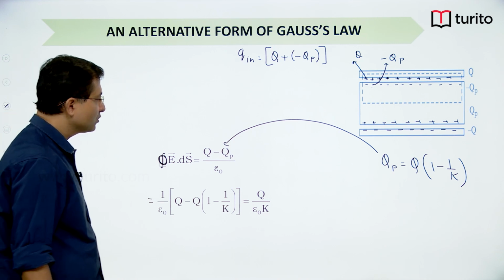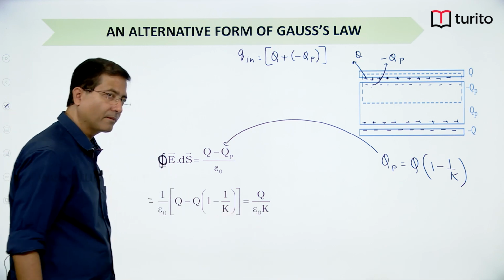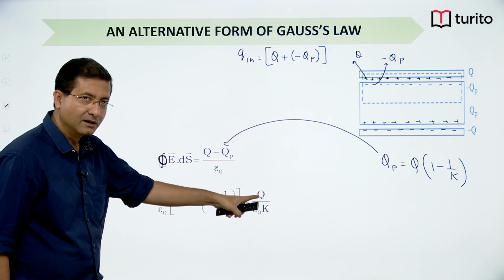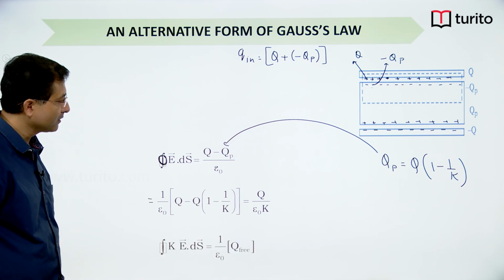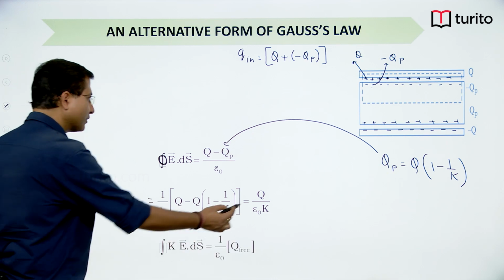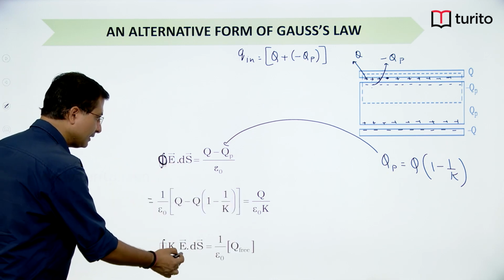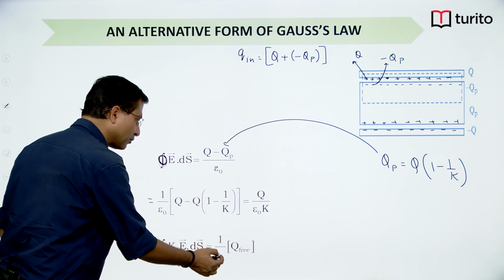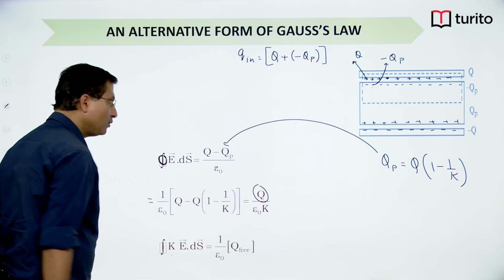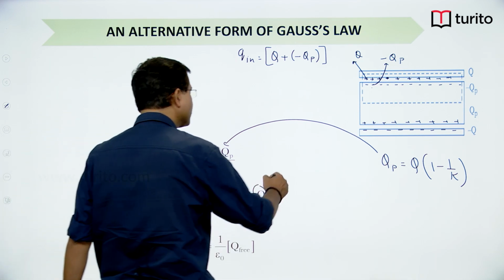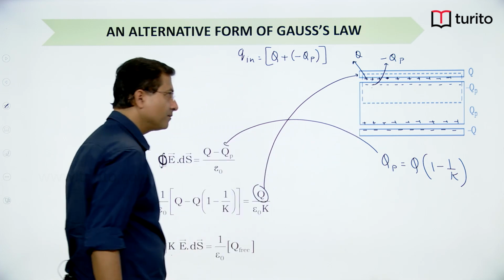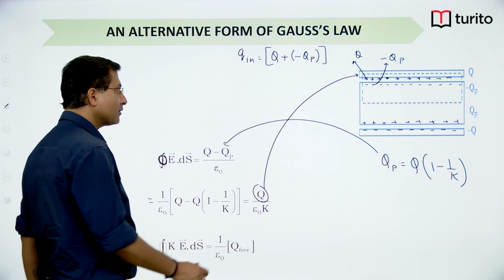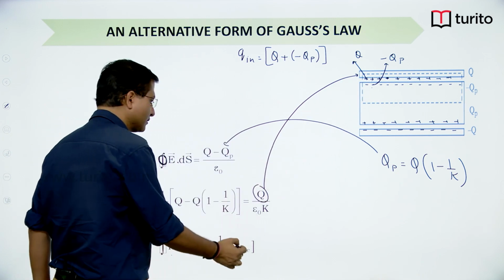So, this whole thing I can multiply by K here, but in that case this charge is not the total charge, right. If I just multiply K over here, this will become the closed integral of K times field dot ds is equal to 1 upon epsilon naught times this Q. Look at this one, this Q is the charge coming on the inner surface of the plate, and that I can also call free charge because it can move.